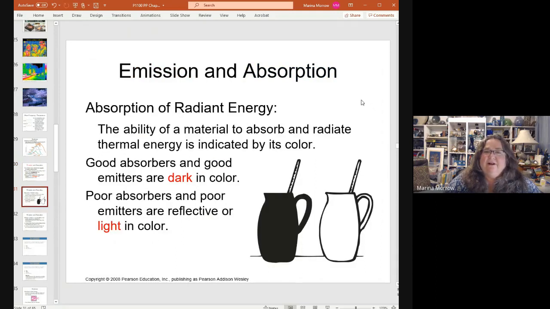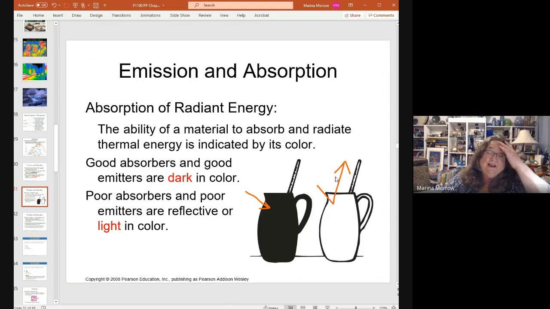And you've probably heard that dark objects will get hotter than light objects. So a lot of people like white cars because they don't get as hot as a black car. And that's true. Dark objects are dark because they absorb energy, and white objects are white because they reflect light away, right? So white things will tend to reflect light.